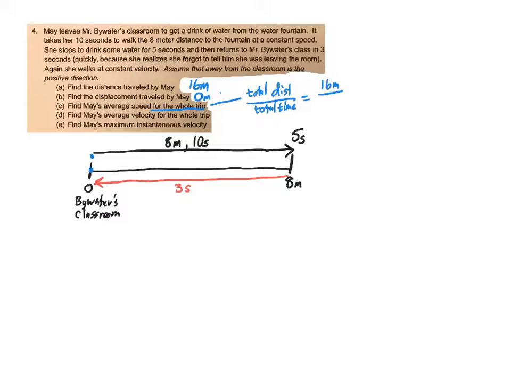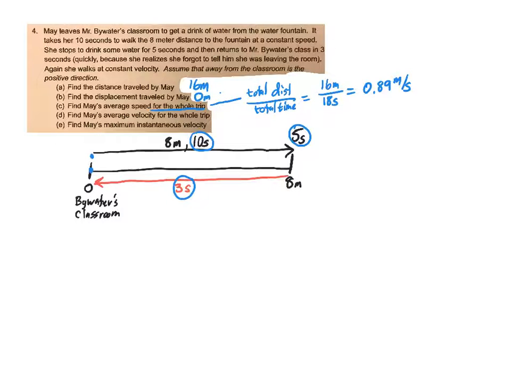She's got 10 seconds that she's moving, and then 5 seconds where she's at rest, which is still a speed of 0. And then she's got 3 seconds going back to the classroom. So the total, 10 plus 5 plus 3, is 18 seconds. If we divide, you should get about 0.89 meters per second. And that is the average speed.